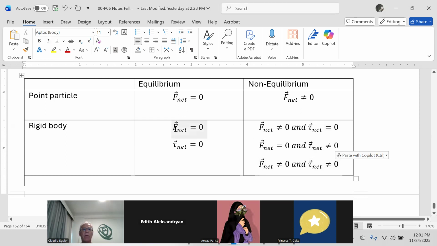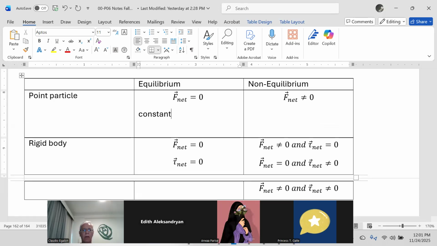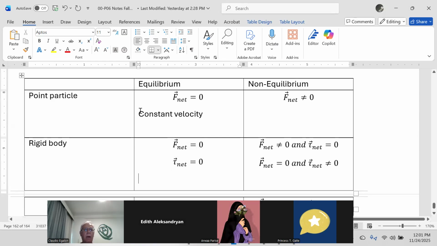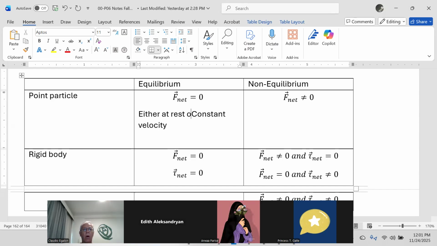In this case, the rigid body would be rotating with constant angular velocity. Constant velocity for the point particle is going to be the point particle either at rest or moving with constant velocity.